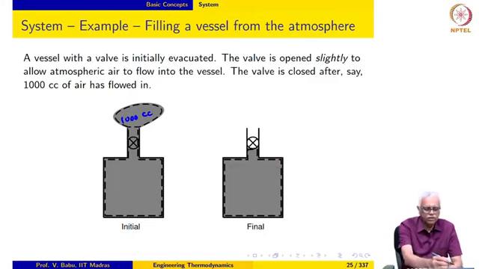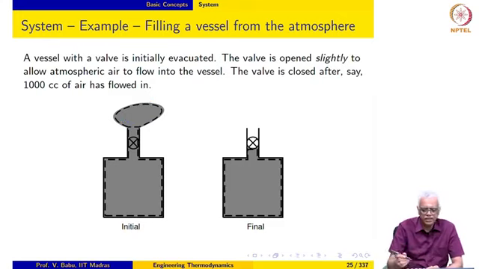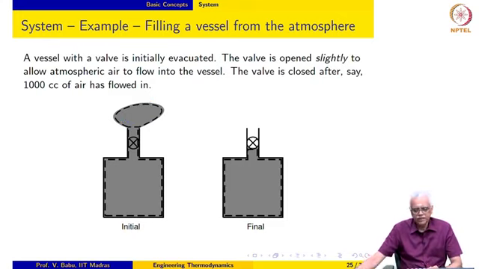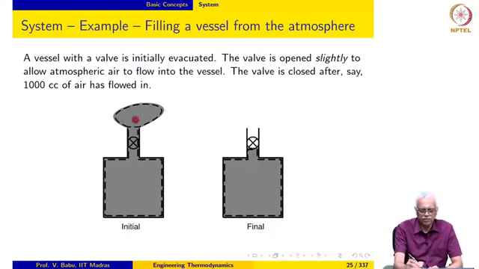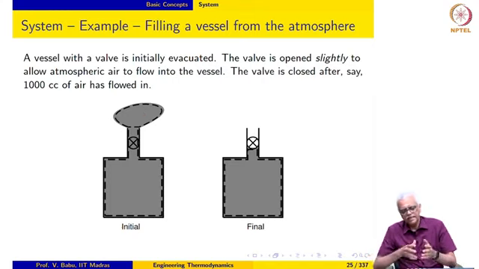Okay. Now one question that we must ask is the following: how do I define the shape of this part of the boundary? I say this is 1000 cc, how do I determine the shape of this part of the system boundary? It turns out that the shape of this part of the system boundary is actually immaterial, as long as it always contains the same amount of air that is moving in.